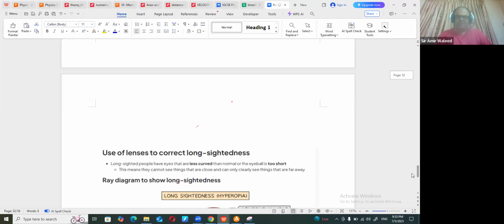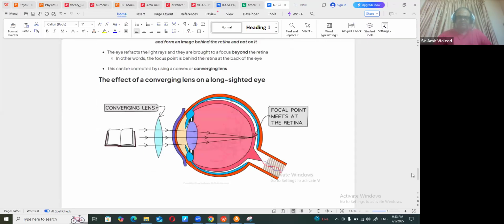We have to place a convex lens here. Check it out. A convex lens has a tendency to take the light rays and converge them. So the light rays which were converging behind the retina now converge earlier, right there on the retina, and we will be able to see the image right where it should be, at the retina. So this is the way we can correct this defect of the lens.